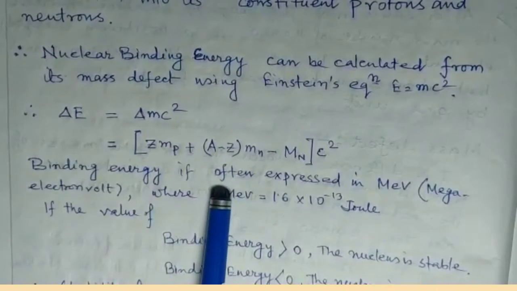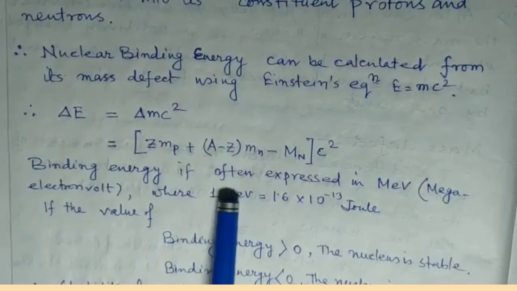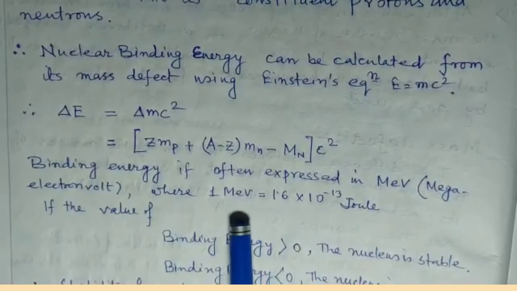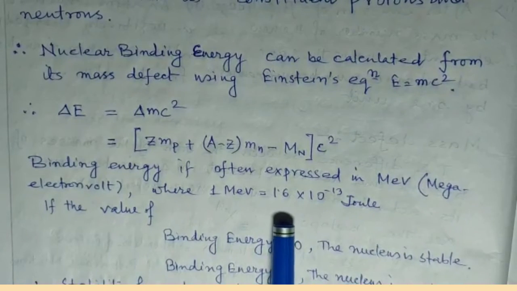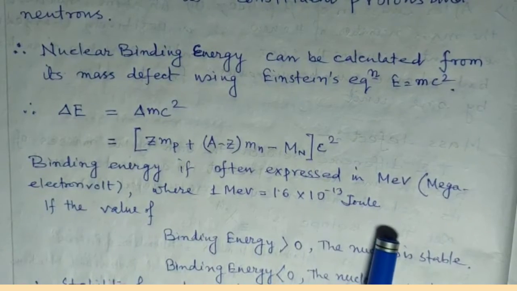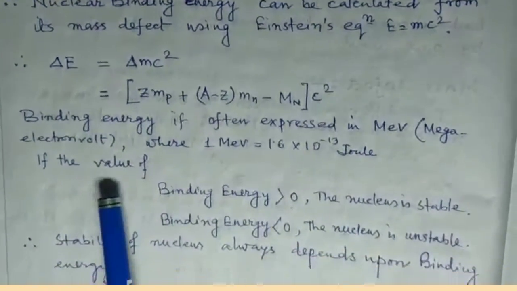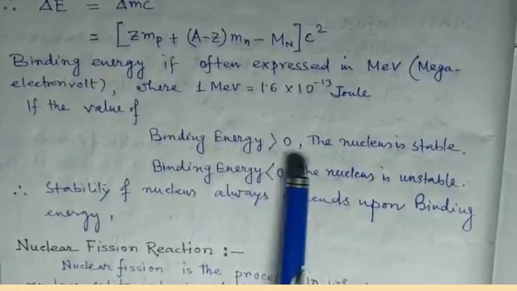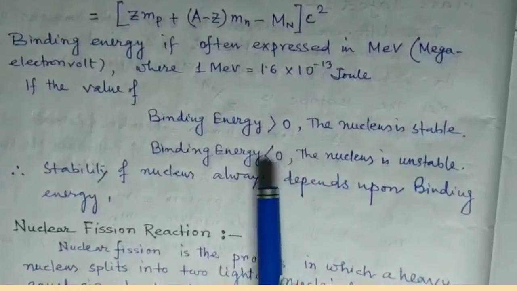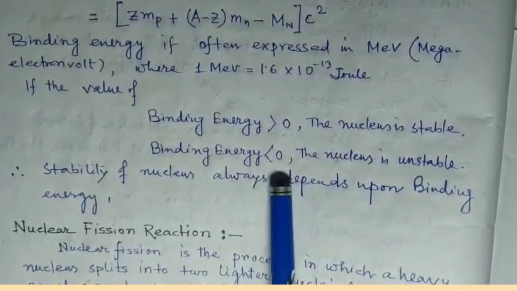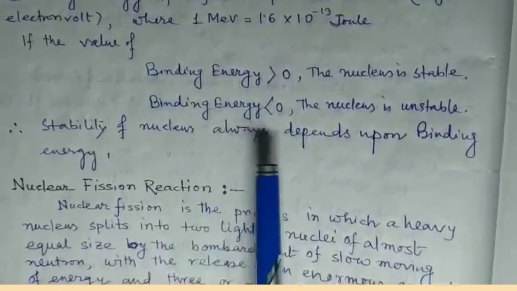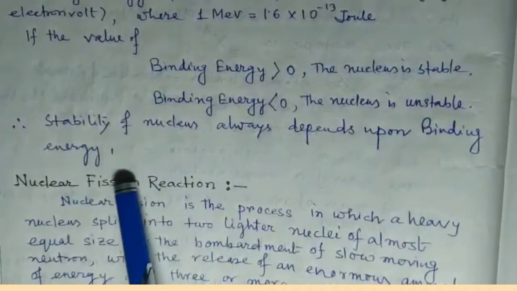Binding energy is often expressed in MeV, mega electron volt, where 1 MeV is equal to 1.6 into 10 to the minus 13 joule. If the value of binding energy is greater than 0, the nucleus is stable. If the binding energy is less than 0, the nucleus is unstable. Stability of a nucleus always depends upon binding energy.